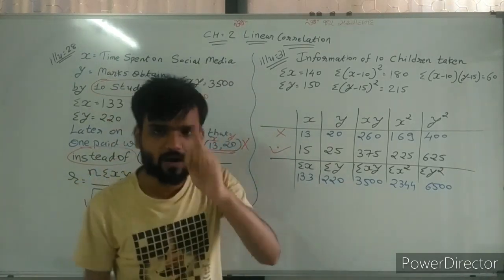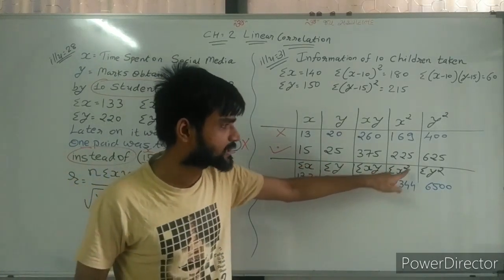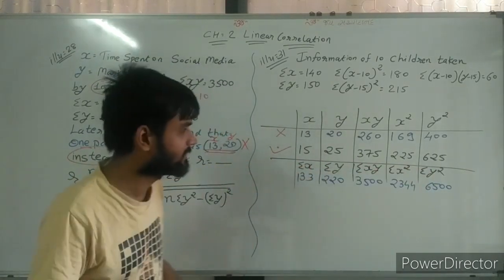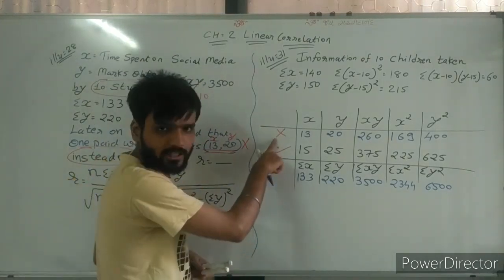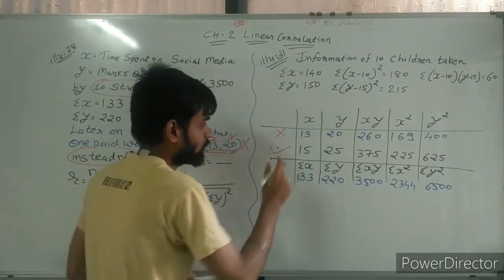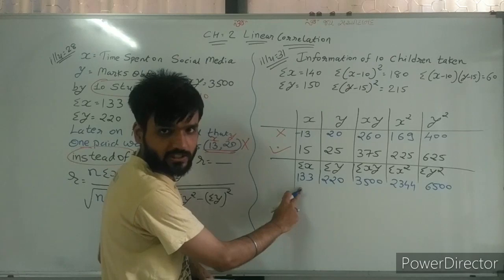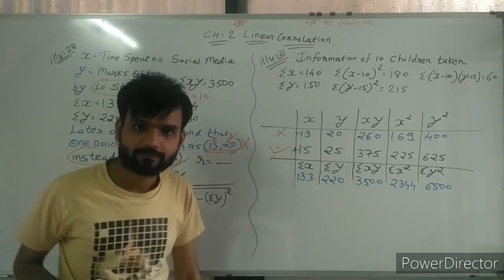Now we are finding the correct value of sigma x, sigma y, sigma xy, sigma x square, sigma y square. So how can we find it? Just deduct the wrong thing and add the correct thing. So we are deducting 13 from 133 and adding 15 to 133.